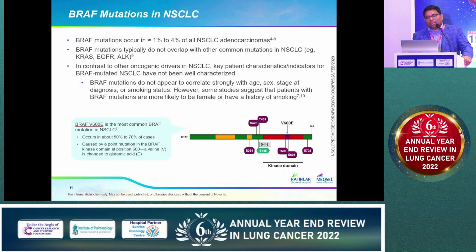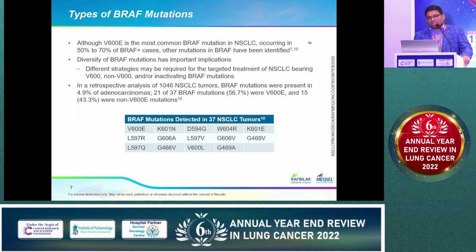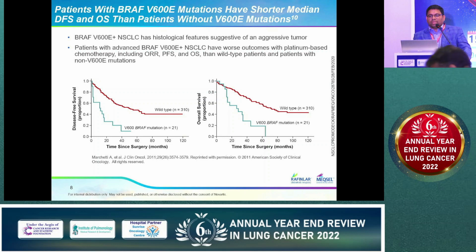And this is an important point to remember, because only in 50 to 70% of the cases it will be V600E. In the other 30-40% of cases, it would be other partners. So I think what we would see in future is that apart from dabrafenib and trametinib, we might see pan-BRAF inhibitors coming, as they have started coming as pan-KRAS inhibitors.